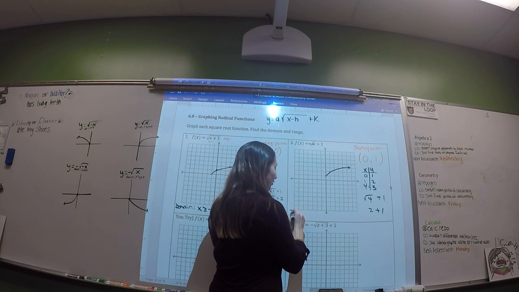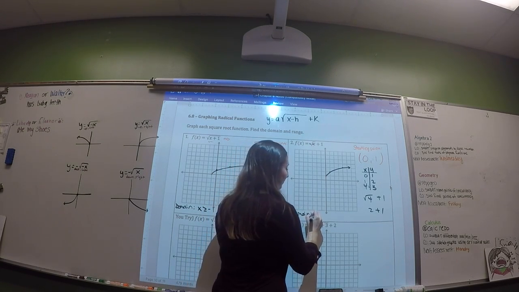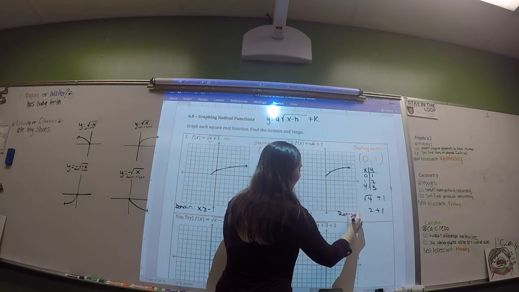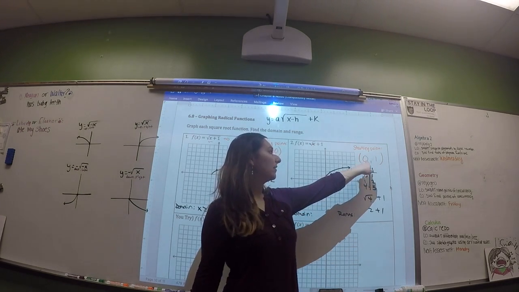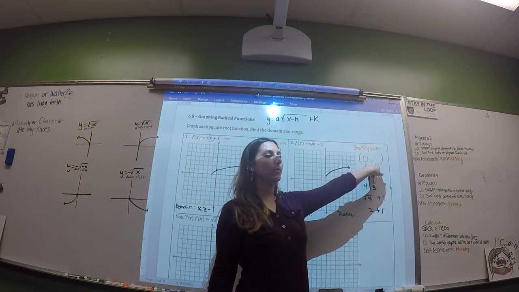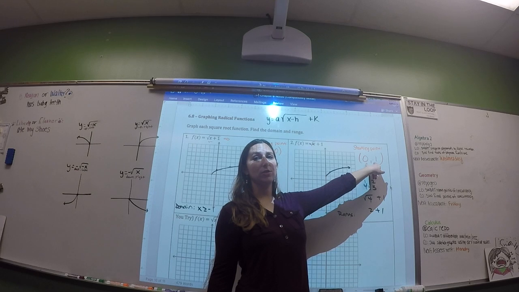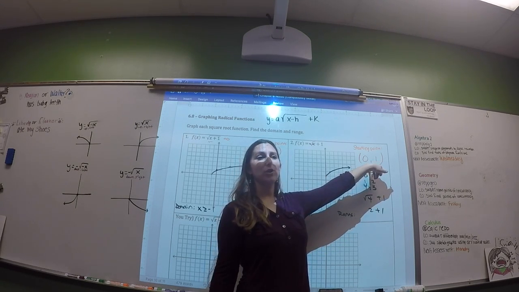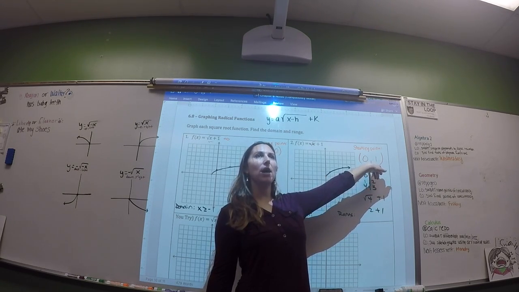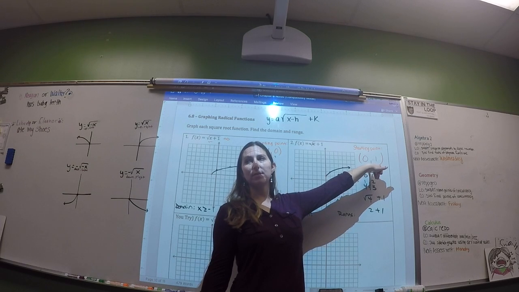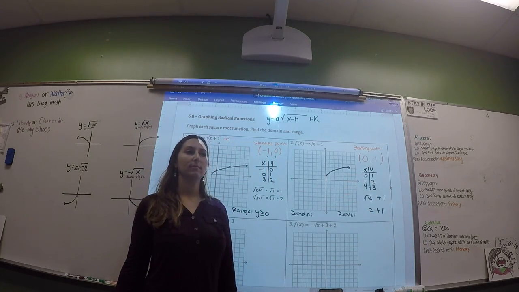Let's talk about domain and range. So remember I said that these values here were important for the domain and range. So if the x is 0, we just need to know are our x's getting bigger than 0 or smaller than 0? Bigger.